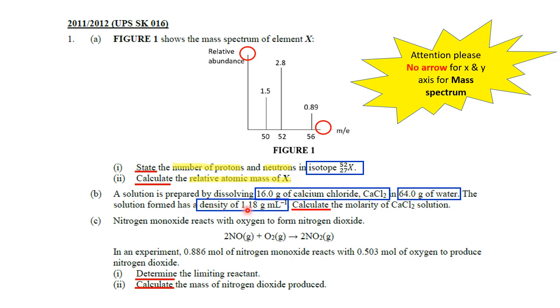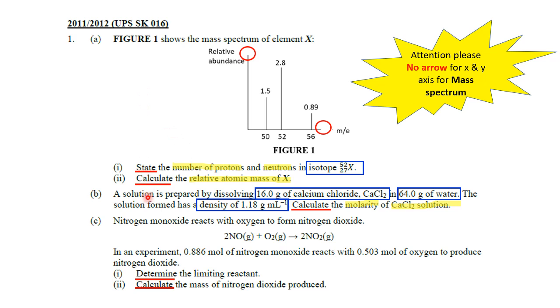The density is 1.18 gram per ml, which refers to the density of solution. So you must know the definition of solute and solvent clearly. The question asks about molarity, meaning the concentration of calcium chloride solution.